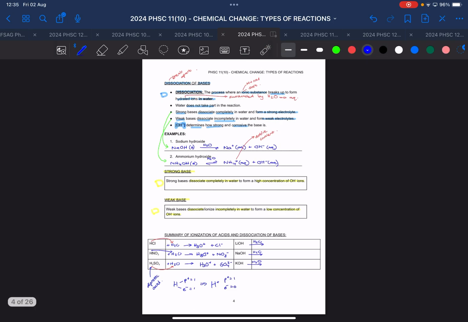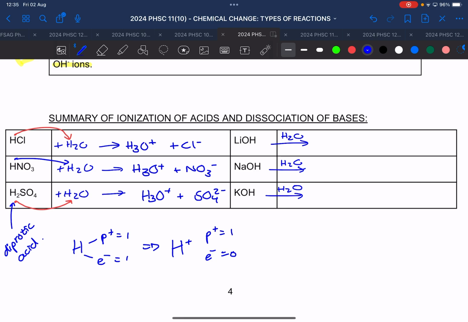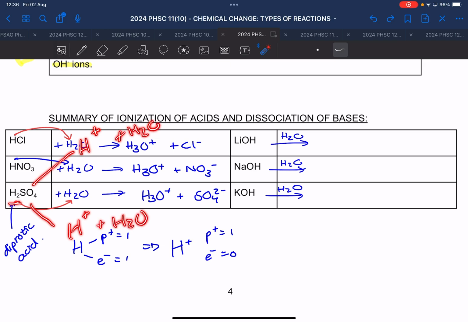Okay, but now we must balance it. If it gives away 2 hydrogens, so it can give away 2 hydrogen ions, then that will need to react with 2 water molecules to give you 2 hydronium ions. Okay?